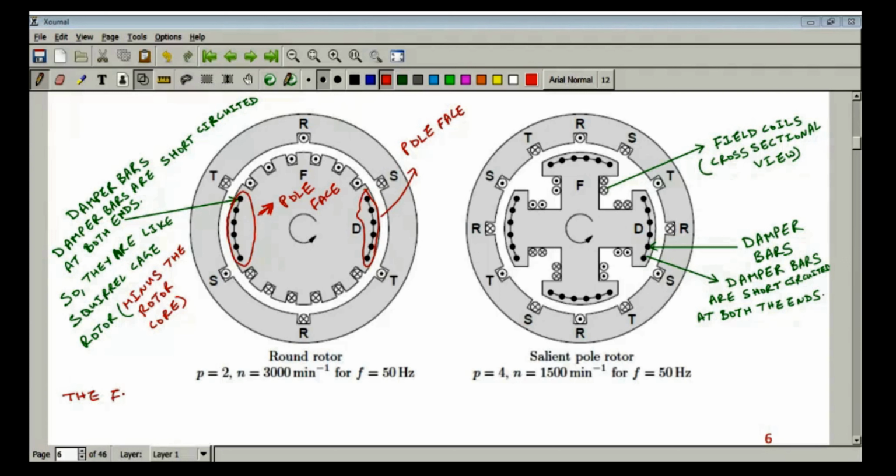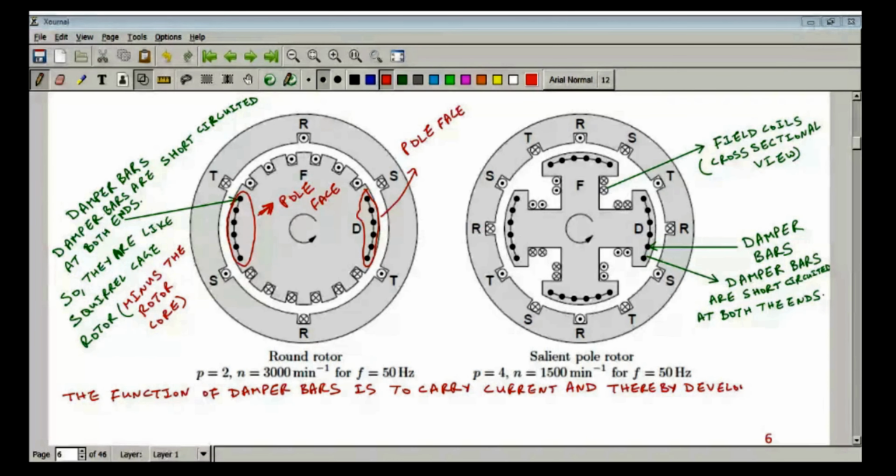The function of damper bars is to carry current and thereby develop torque so as to bring rotor back to synchronous speed.